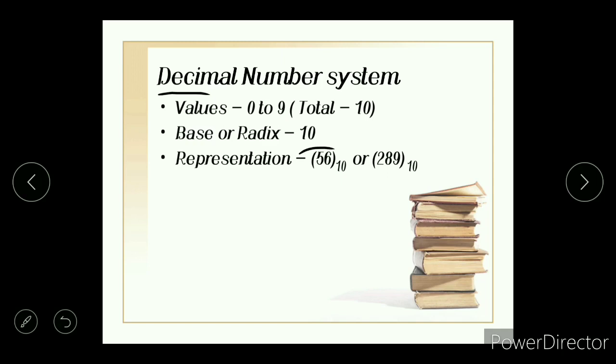So to show or to represent that 56 is written in decimal number system, we have to write 56 in bracket and then write 10, that is the base of decimal number system, in subscript or suffix. Similarly, if I want to represent 289, then 289 in bracket and subscript or suffix 10. This will tell me that the number written is written in decimal number system.